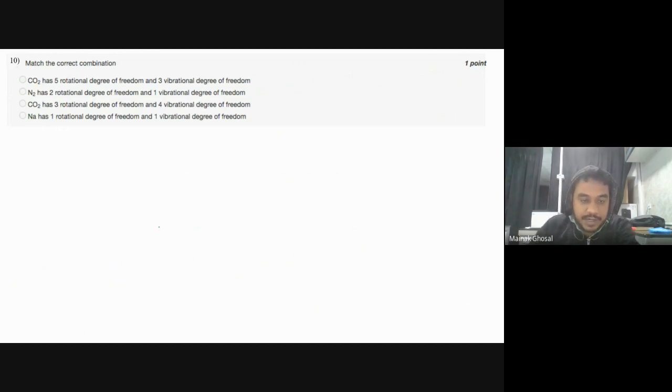Okay, so I would like to make a table of all this. You can also find this answer in lecture number 34. I'm writing here degrees of freedom, just like the previous table. I'm writing here these molecules one by one.